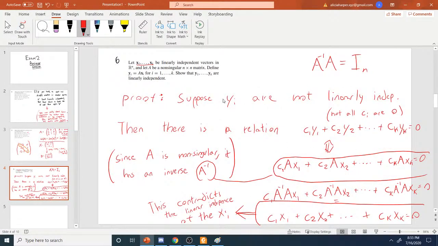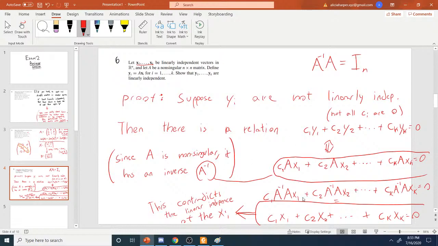To go through this again real quick, what we're doing is we're assuming the yi are not linearly independent. This implies that there's a relation c1 times y1 plus c2 times y2 plus and so on, ck times yk is equal to 0. Here we're just using the definition of what these yi are. Then we take this relation and use the fact that the matrix A is non-singular to multiply this relation through by A inverse.